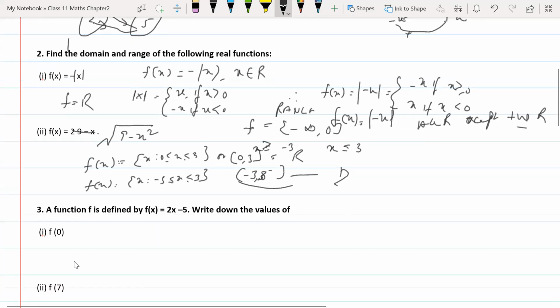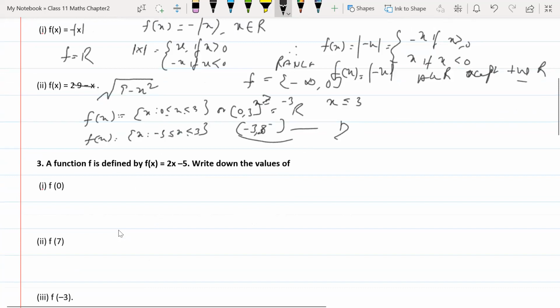Question number 3. A function is defined by f(x) = 2x minus 5. Write down the values of f. If x is 0, then it is 2 into 0 minus 5, and this becomes minus 5.